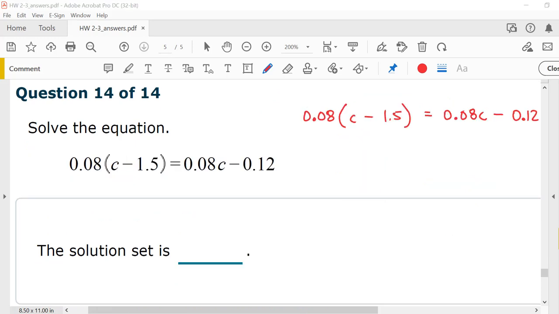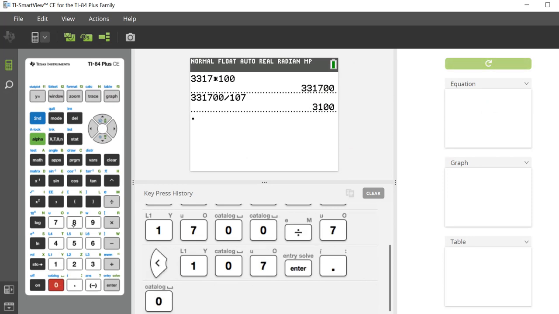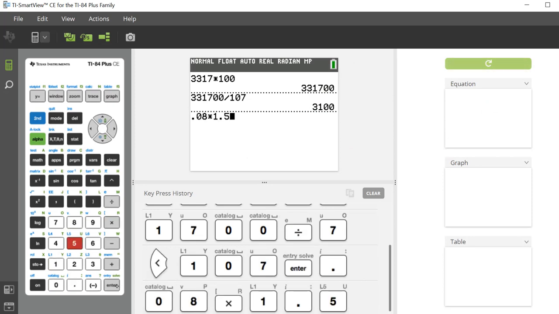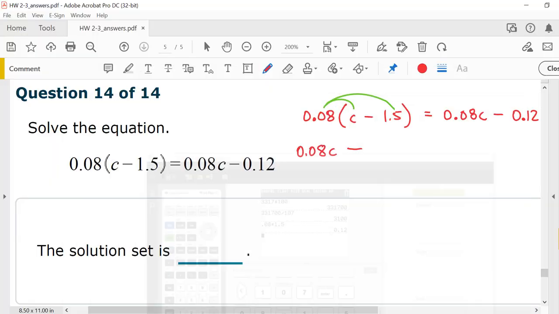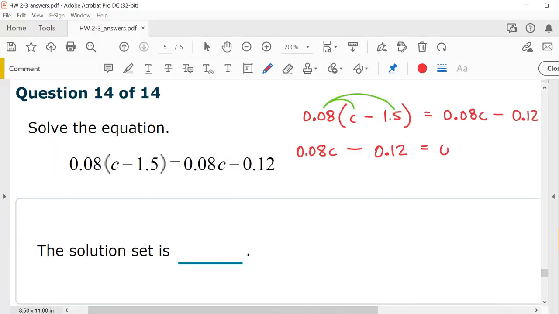Number 14, solve the equation. Before I go there, I'm going to distribute and get rid of the parentheses because I don't like parentheses. I get 0.08c minus, 0.08 times 1.5 gives me 0.12. So I have minus 0.12 equals 0.08c minus 0.12.